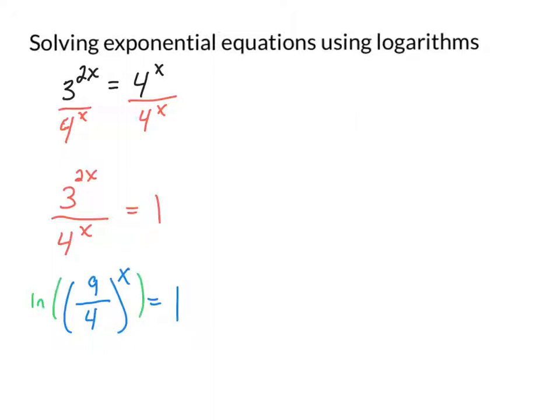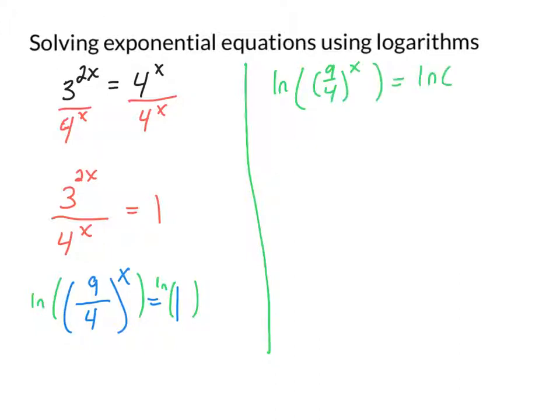I take the natural log of one side, I take the natural log of the other, and I'm going to draw a line, we'll take everything up to the top. So I get the natural log of 9/4 to the x is equal to the natural log of 1.